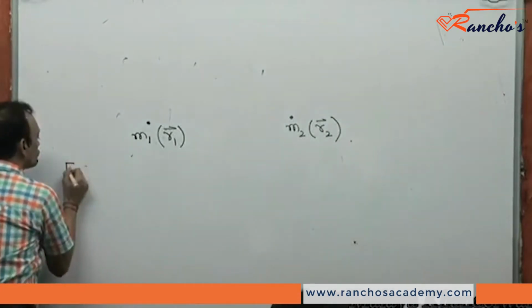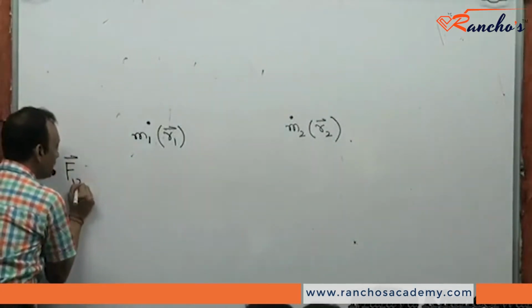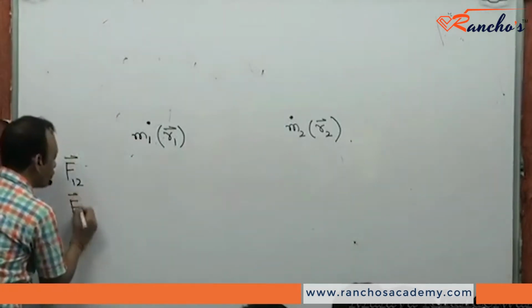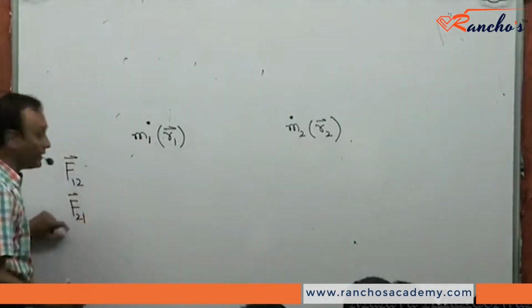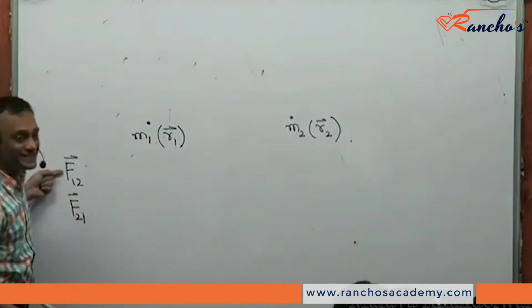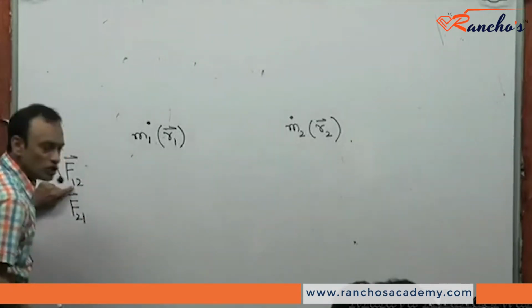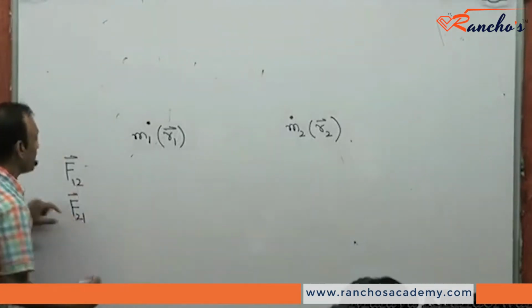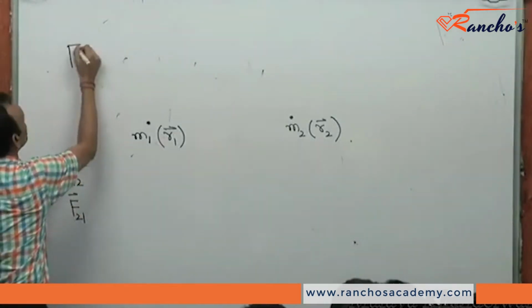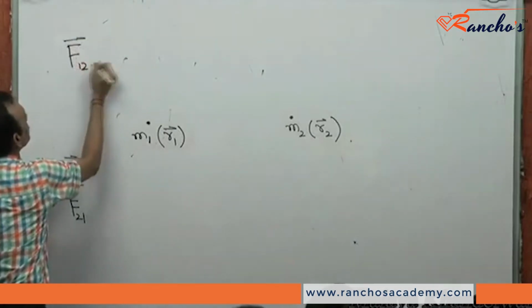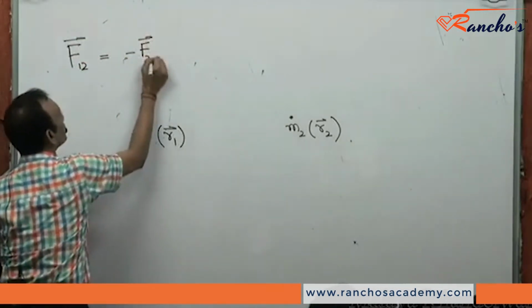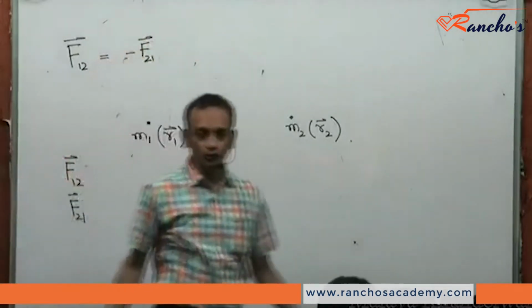F12 is the force on 1 exerted by 2. F21 is the force on 2 exerted by 1, and from Newton's third law, F12 would be minus F21. Right?